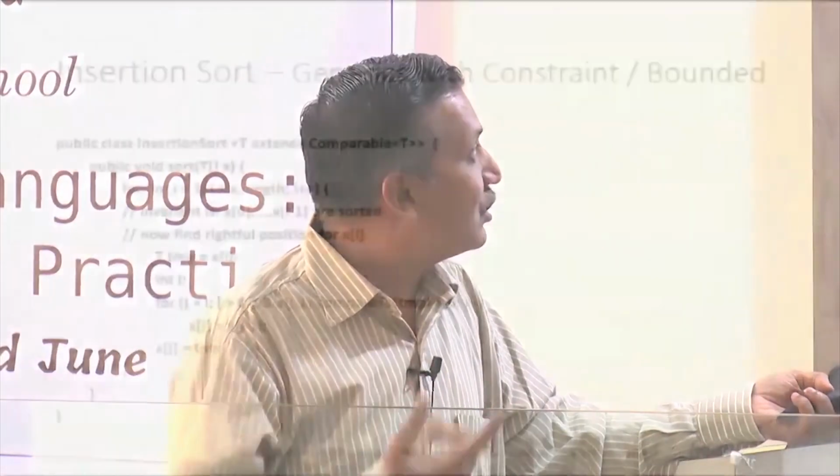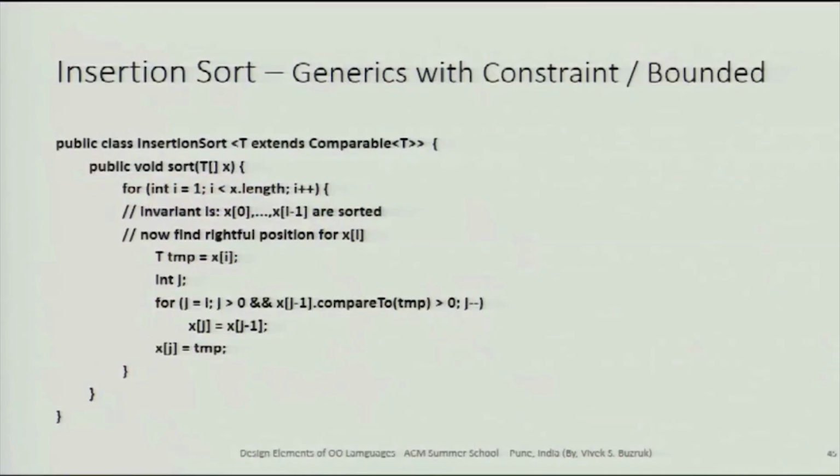For one of the examples, you can check later, many of these examples exist, even on the web and in many books. For example, there is an insertion sort where we say that T extends Comparable T, where T is a type parameter implementing Comparable.